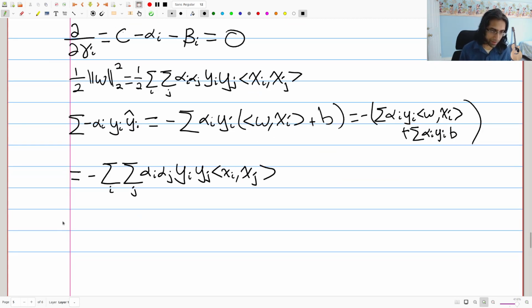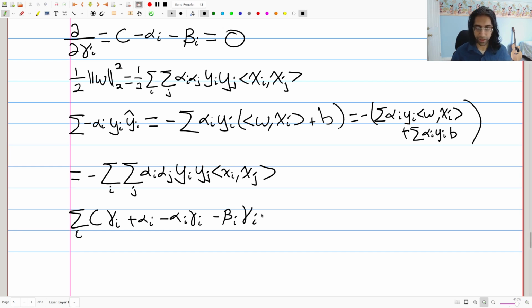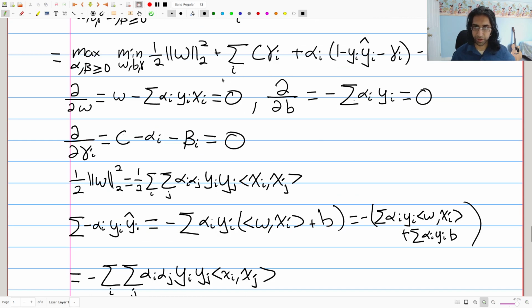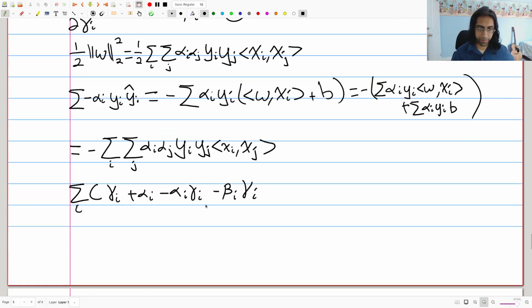The ones that we still have to deal with are the summation over i of c times gamma i plus alpha i minus alpha i gamma i minus beta i times gamma i. So hopefully convince yourself that these are the terms which are not contained either here or here.